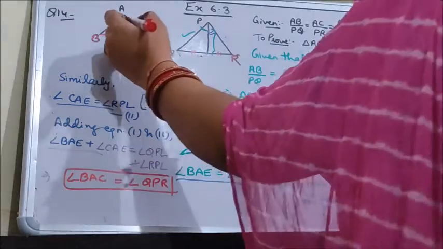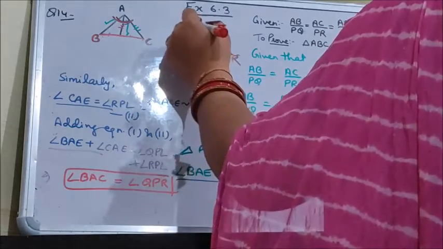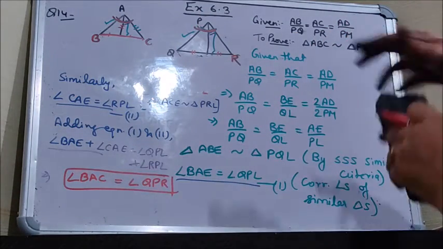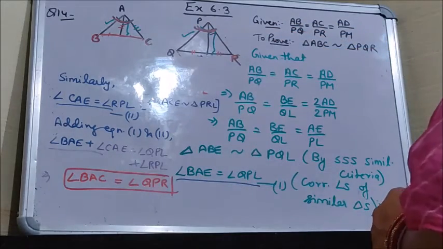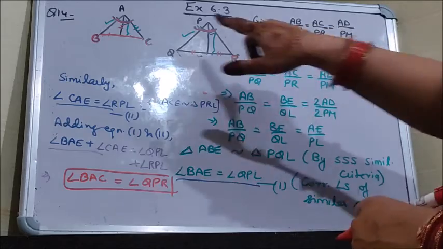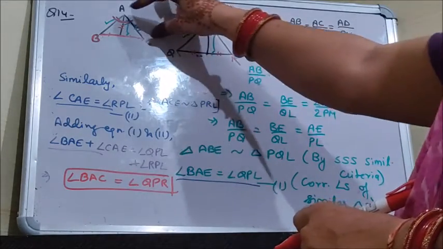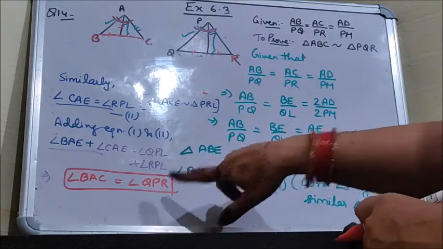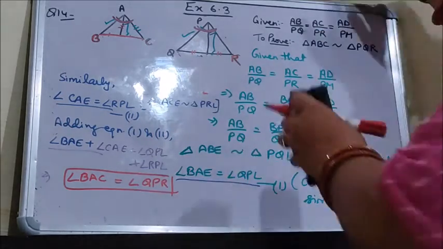We have proved this angle equal to this, and we have to prove these two triangles similar. One angle we have got. We also need the two sides proportional, and it is already given that AB upon PQ is equal to AC upon PR. The angle we have proved by the parallelograms and the construction work.